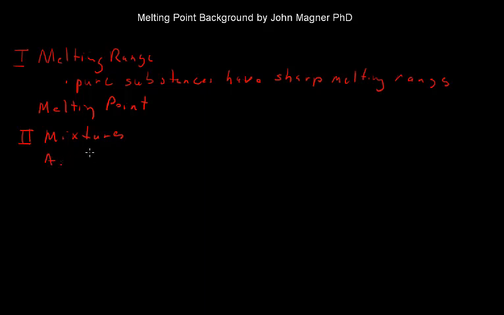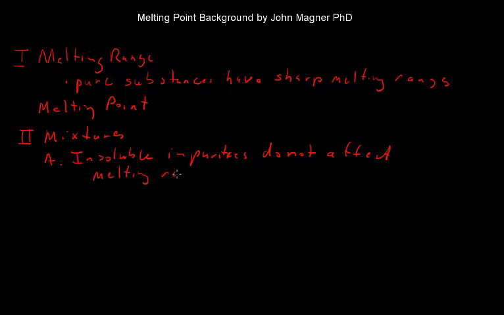First off, if you have an impurity in your mixture that is not soluble in organic substances, okay, so insoluble impurities, insoluble impurities do not affect the melting range or melting point. You can abbreviate melting range MR from now on, melting point MP.